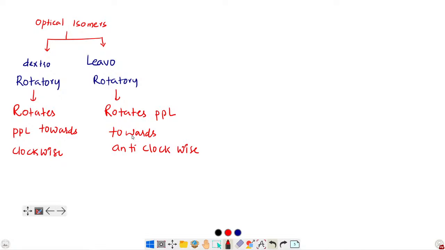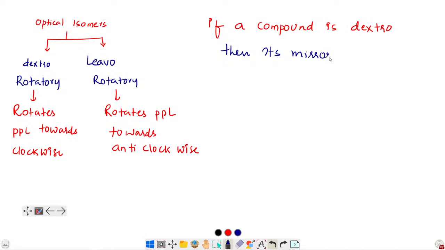If you consider dextro and levo compounds, if a compound is dextro, then its mirror image can be levo.